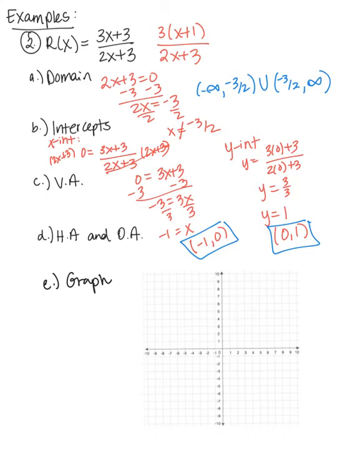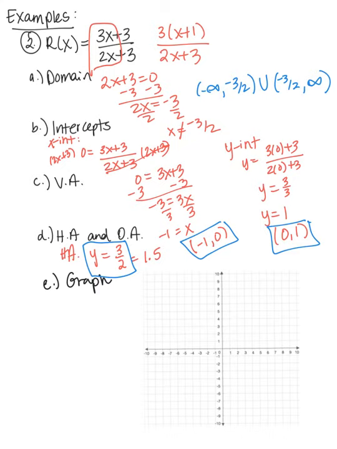All right, so now I'm going to go back to the horizontal asymptote or oblique asymptote. I'm going to compare the exponents. I notice I've got an x divided by an x, so the exponents are equal. That means I'm going to take the numbers in front. So I'm going to have a horizontal asymptote at y equals 3 over 2. If I want, I can say that's 1.5. It's up to you, however you want to state it.